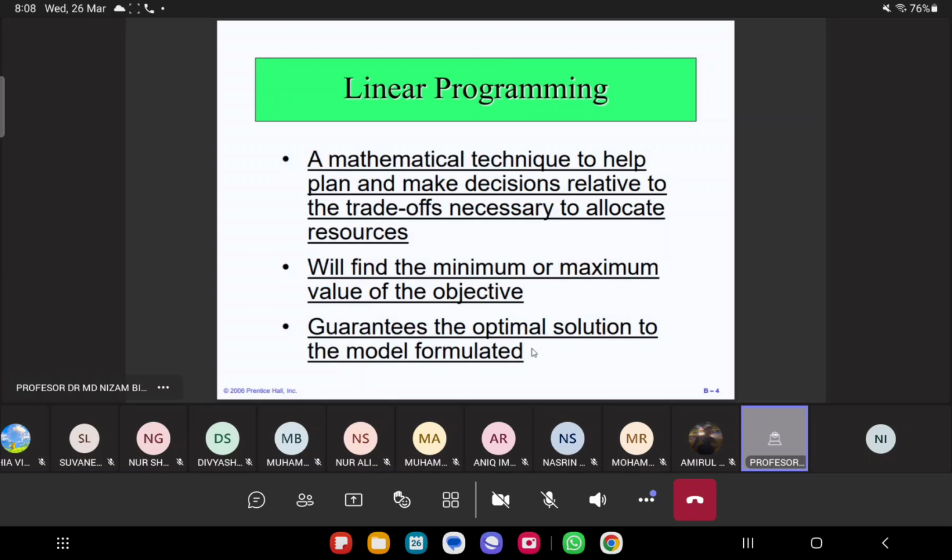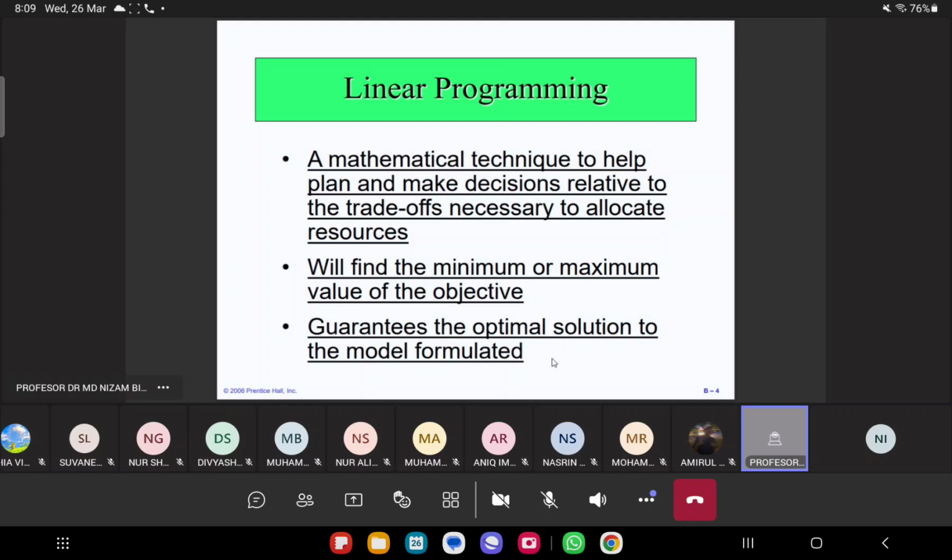So it guarantees that the solution you get using this linear programming method is the optimal solution, meaning that once you come up with the linear programming model and you solve it with linear programming methods, it will assist you on how to better utilize your resources to achieve your objective, either maximizing something or minimizing something.